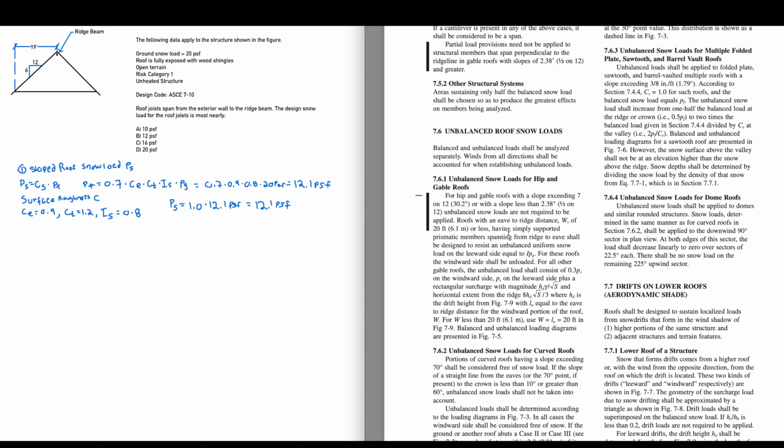We have an eave to ridge distance of 19 feet, which fits right in that description there, 20 feet or less. And so we know that the uniform snow load on the leeward side has to be I times PG, okay?